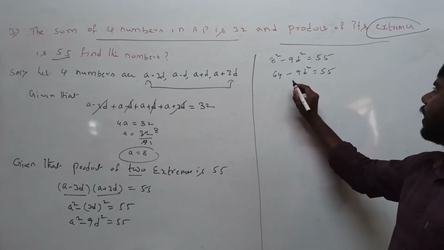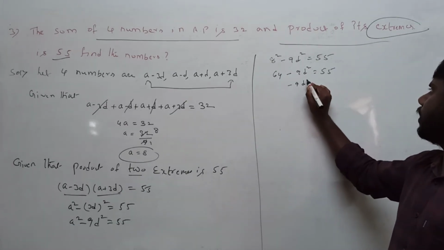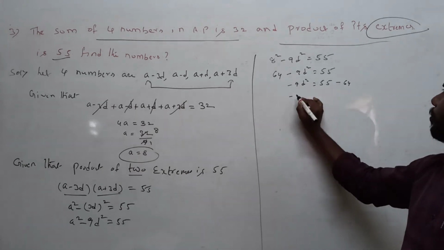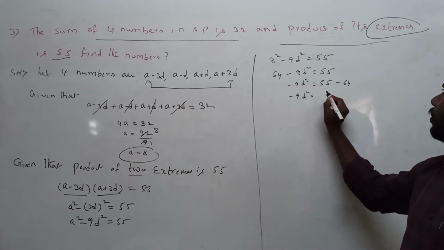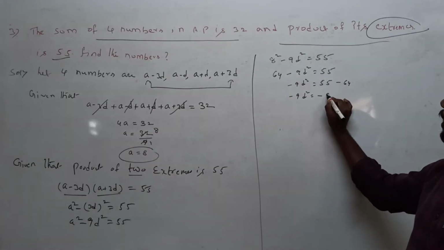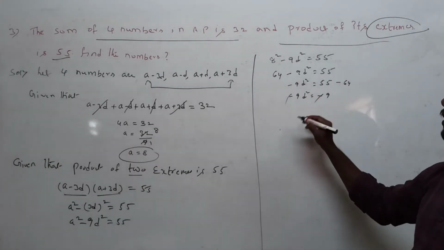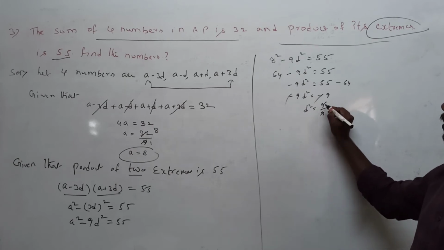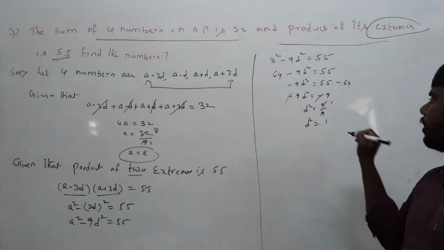Moving 64 to the right-hand side, minus 9d square is equal to 55 minus 64, which is minus 9. Both sides negative get cancelled. d square is equal to 9 by 9. So d square value is 1.